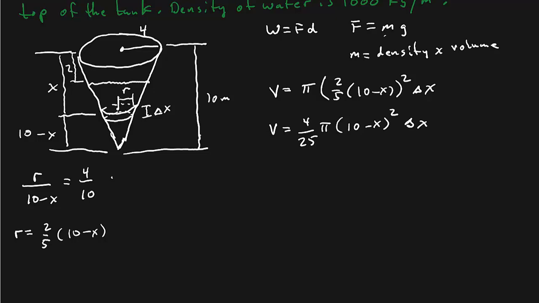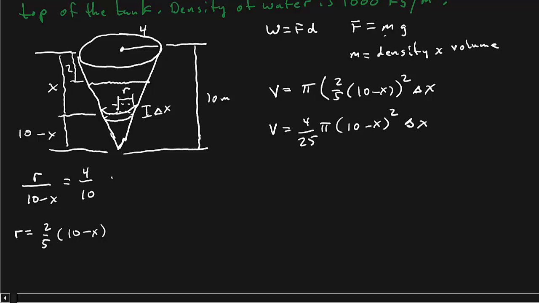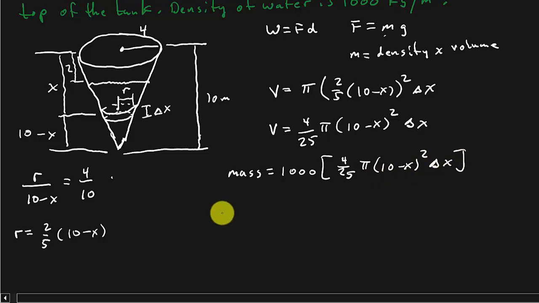Okay. So now to get the mass, remember, that's the density times the volume. So that's going to be 1,000 times 4 over 25 pi times 10 minus x squared delta x.